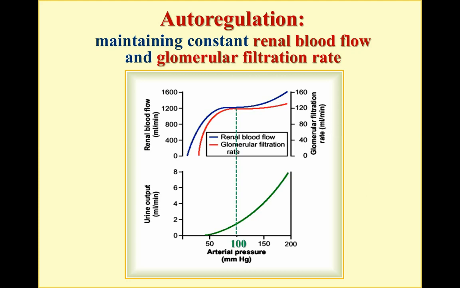And you can see, maybe you remember from previously studied topics, that approximately from 80 millimeters up to 180, within this wide range of blood pressures, both renal blood flow and glomerular filtration rate remain practically unchanged. Of course, not entirely constant, but much less, not proportional changes, almost constant. And one more mechanism of how this is achieved is discussed in the next slide, how the constancy of renal blood flow and glomerular filtration rate is maintained.